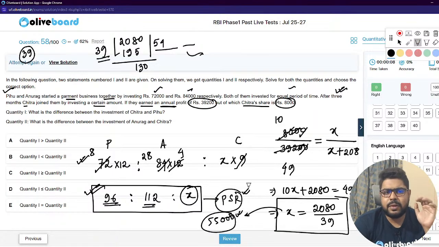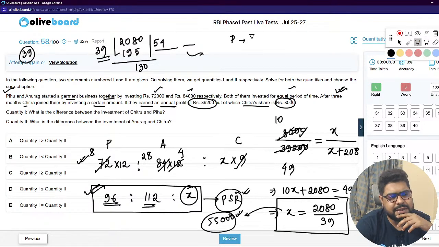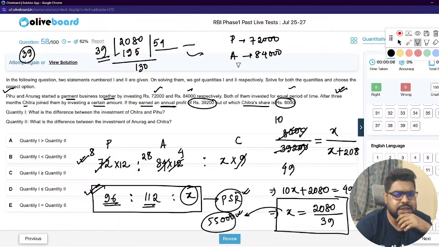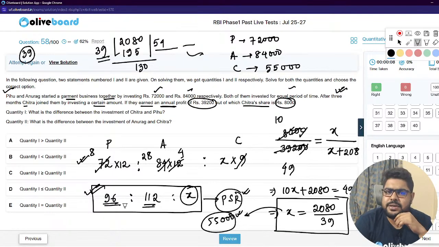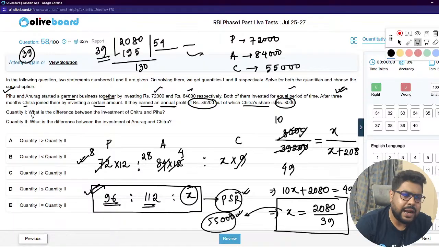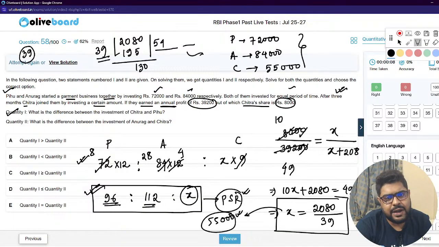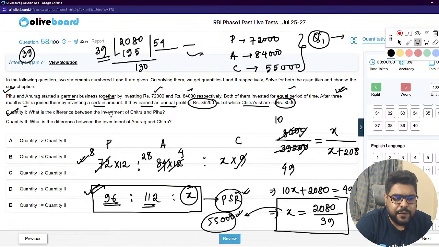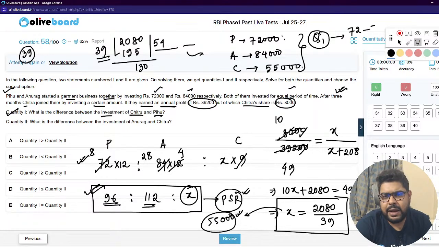Pihu has invested 72,000 rupees, Anurag has invested 84,000 rupees, and Chitra has invested almost 55,000 rupees. Now they are asking quantity 1, because this is Q1, Q2. I'm taking approximates again. The difference between the investment of Chitra and Pihu: 72 minus 55k.